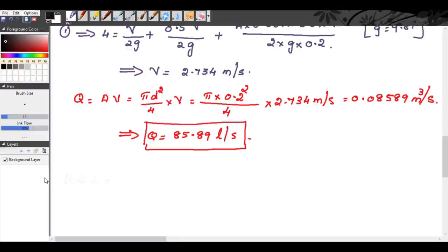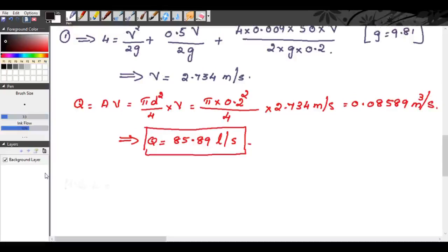So, we will consider 3 points A, B and C: A on the free surface of water in the tank, B at the inlet of the pipe and C at the outlet of the pipe.